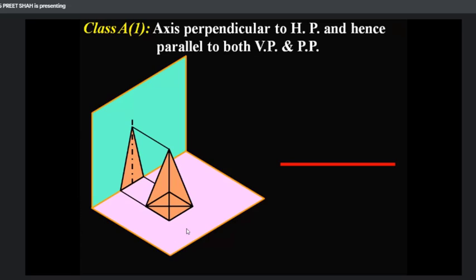Okay, now write down the second statement. If solid is resting on HP or vertical plane, on one of its corners, in that case first draw corner on the right hand side.